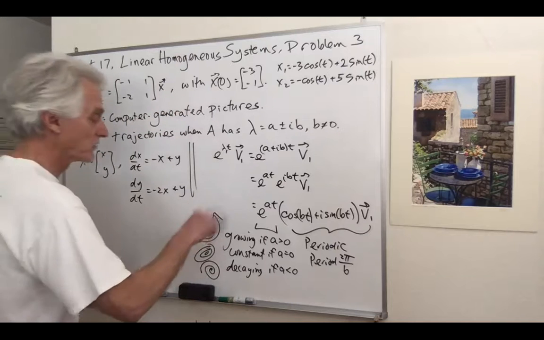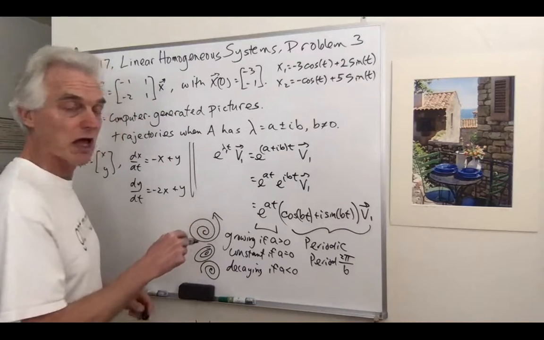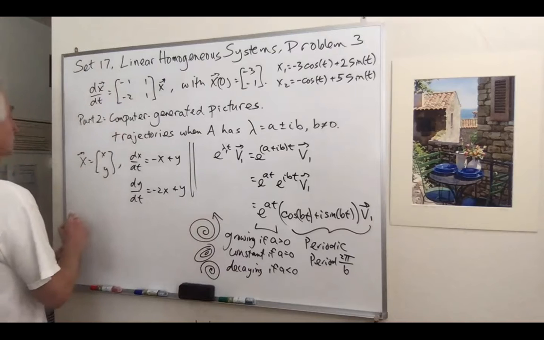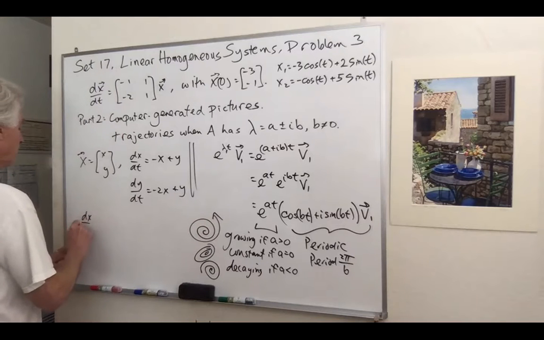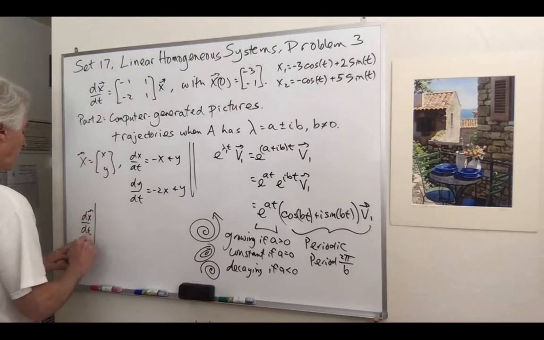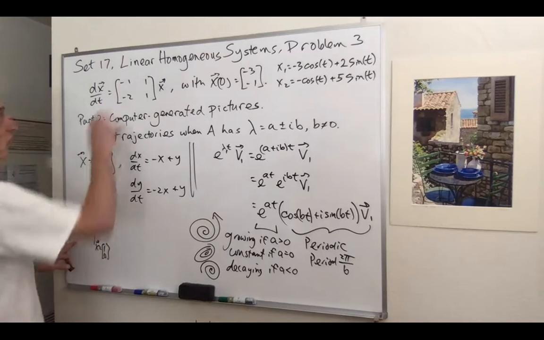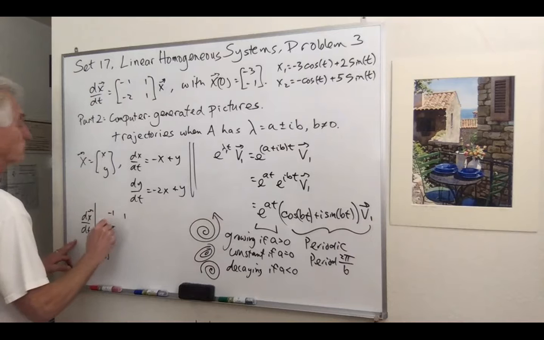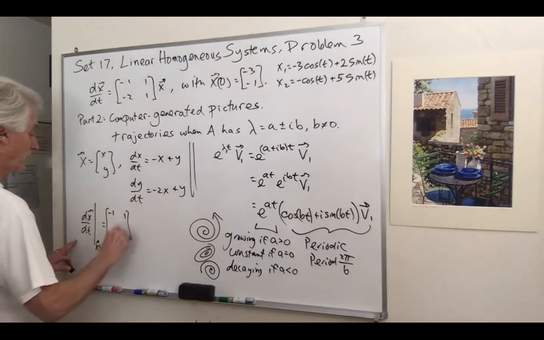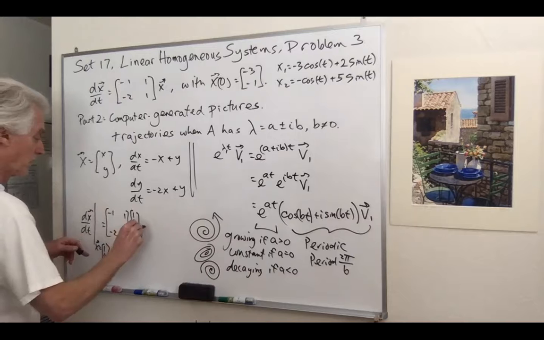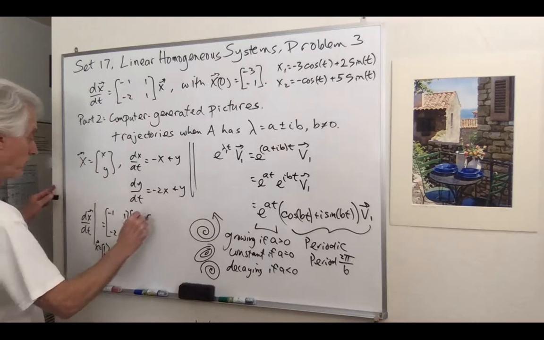To figure out if it goes counterclockwise or clockwise, consider dx/dt when x is (1, 0). For our example here, that's [minus 1, 1; minus 2, 1] times (1, 0). That picks out the first column.